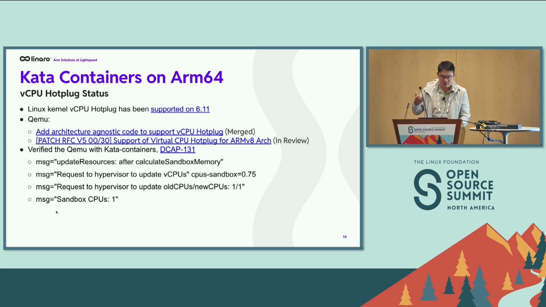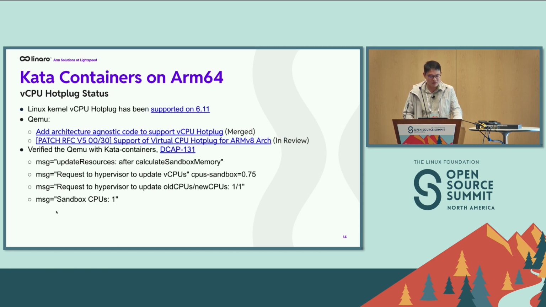From the x86 side, we probably know that vCPU hotplug was introduced several years ago, but hello, yeah, good, I'm back. So, yeah, the kernel support for vCPU hotplug here started at 6.11 last year.